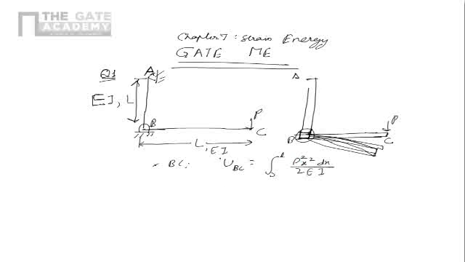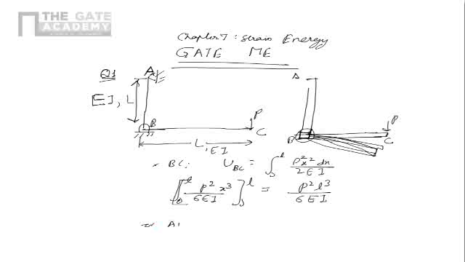So if I take this integration, it is P² upon 2EI times x³ by 3, so it becomes 6EI, with x³ from 0 to L. So this is equal to P²L³ upon 6EI. So this is the strain energy in BC.